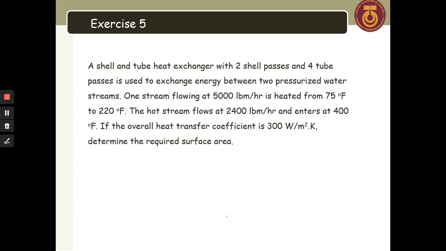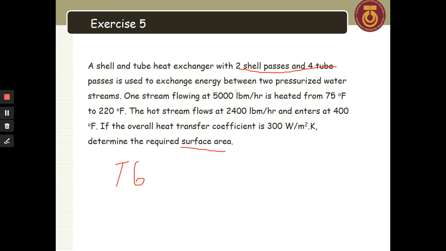Then exercise 5. Exercise 5 is not 1-to-1, not a double pipe, but a 2-pass heat exchanger. You need to find the surface area. This one also follows tutorial 6.